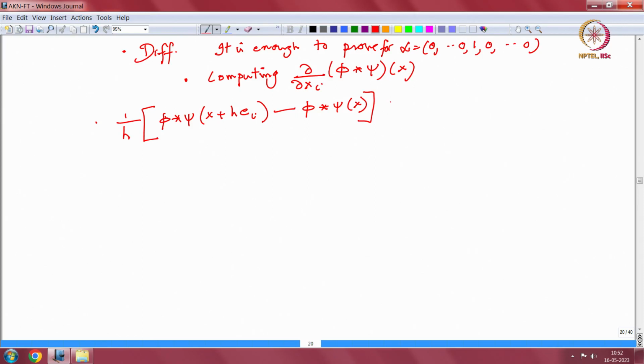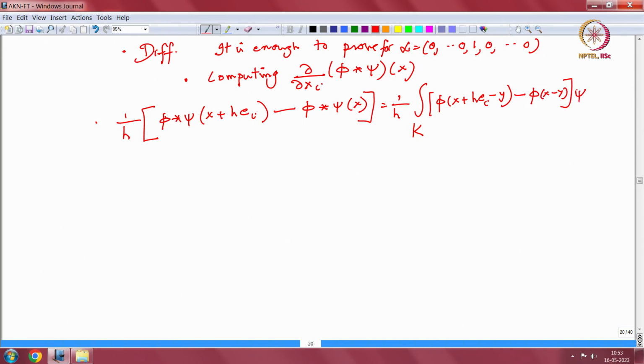This you can compute again, it is equal to 1 over h integral over k, and then you get the same thing, phi of x plus h e_i minus y minus phi of x minus y, times psi of y dy.